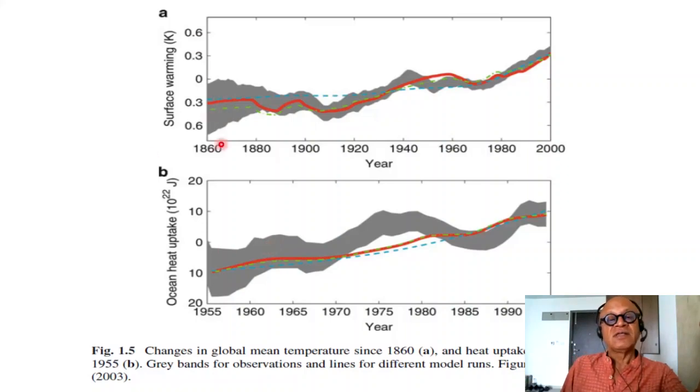So you can see that the range of observational estimates become narrower as you come into the current period, because now we have more observations and more calibrated, validated observations, whereas the uncertainty in the ocean uptake still remains relatively large compared to temperature, but it was larger in the past as well.